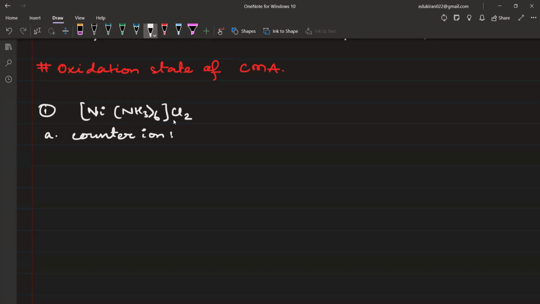What is the counter ion here? Tell me, guys. काउंटर आयन क्या है? Cl2. हाँ, क्या लिखेंगे उसको? There are 2 Cl negatives, right? क्लोराइड है, जैसे आपके पास MgCl2 में होता है. What should I name this? Chloride. और MgCl2 रहता था, क्या बोलते बताइए?